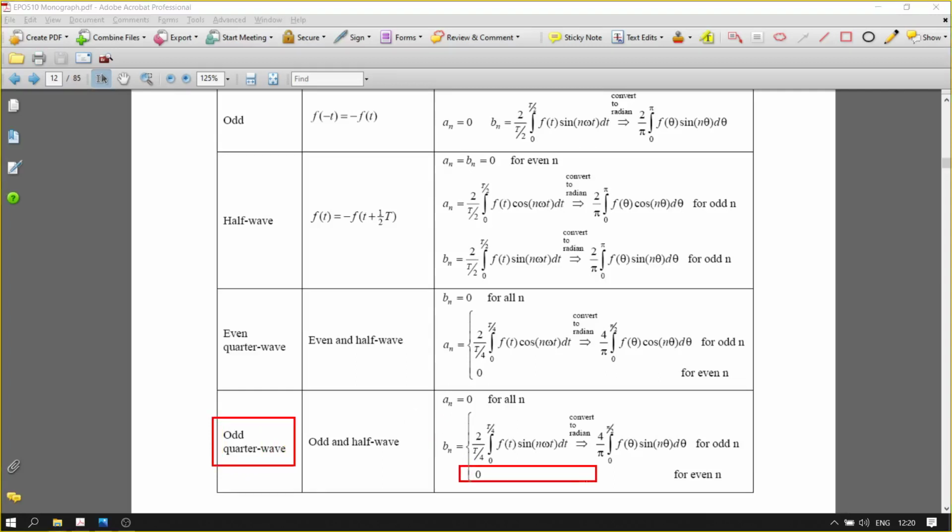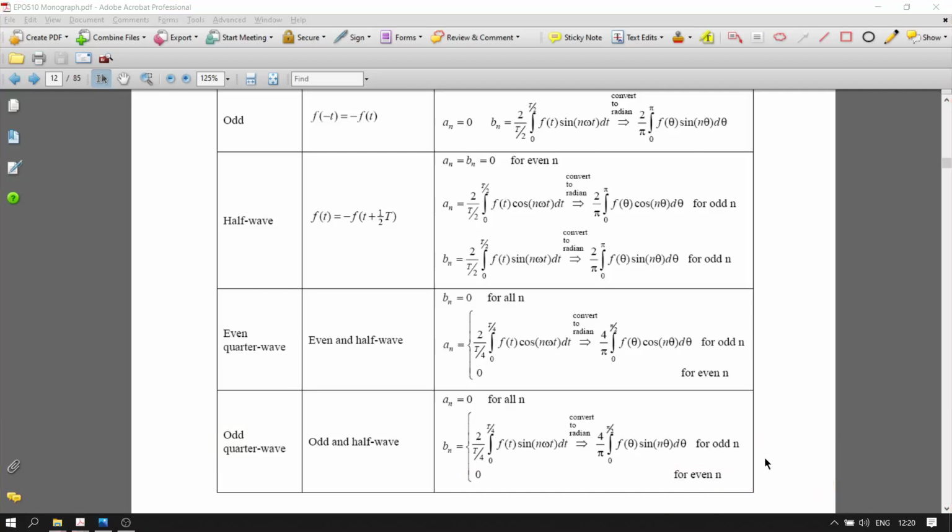One is it will be 0 for even n harmonics, whereby if you are required to find B2, B6, B4, B12, they all are 0 automatically, because of the property that Bn for n equal to even will be 0, right?